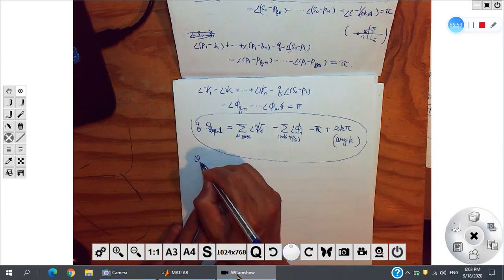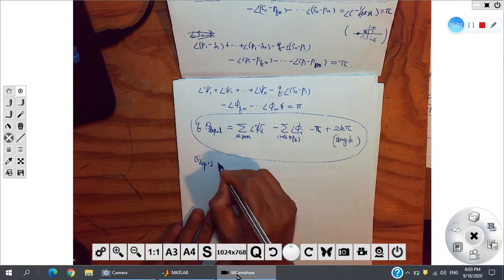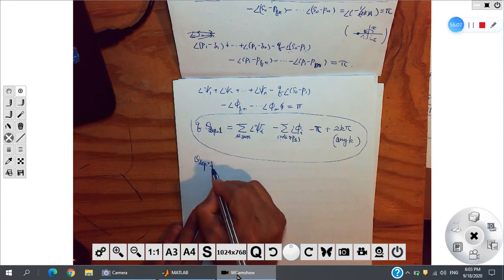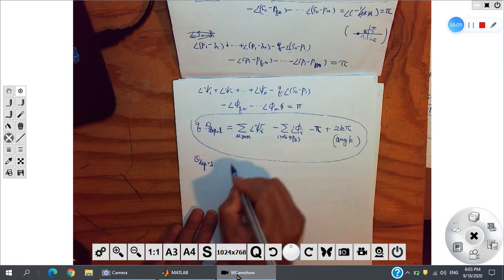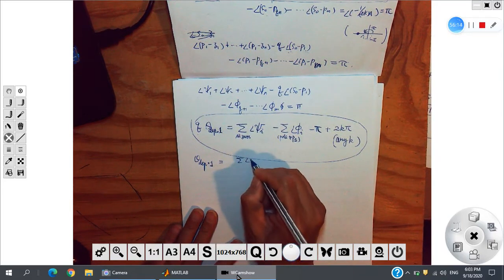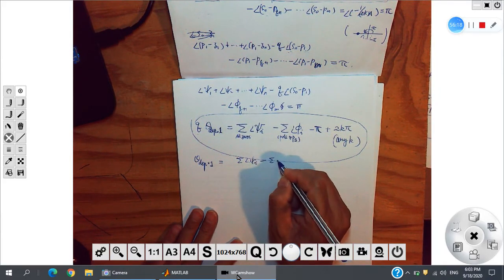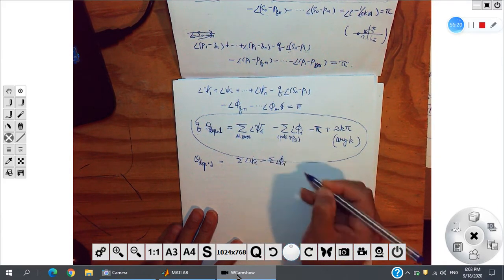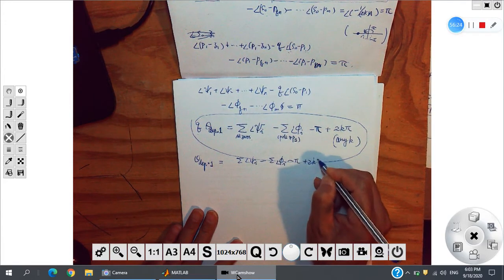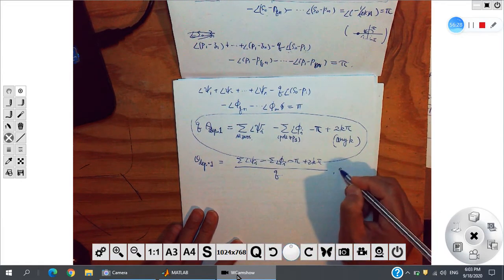So the direction of the root locus departing from the first pole, this angle, equals the summation of angle phi I minus the summation of angle phi I, minus pi plus 2k pi over q, for k in integers.